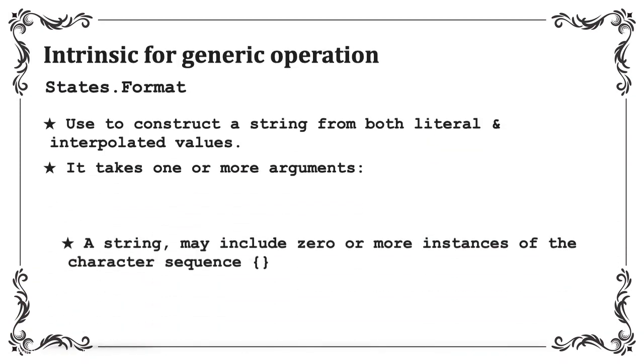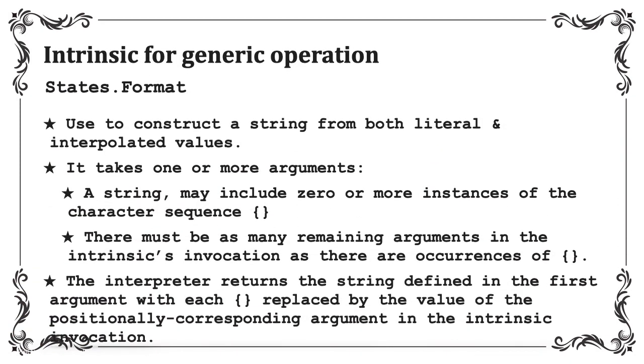We use the format intrinsic function to construct a string from both literal and interpolated values. This function takes one or more arguments. The value of the first argument must be a string and may include 0 or more instances of the character sequence, curly braces.